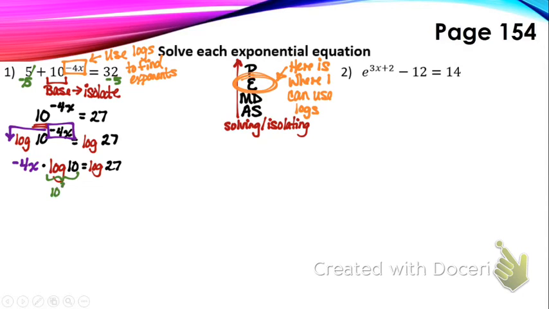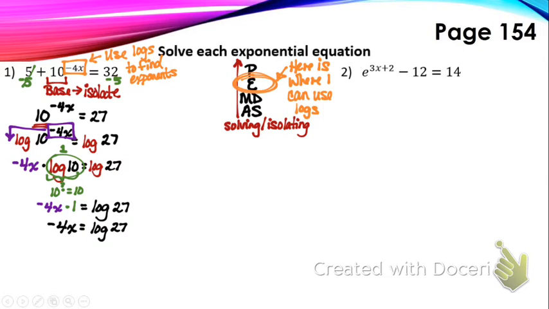So 10 to what power gives me 10? 1. This whole thing right here simplifies to the number 1. So I have negative 4x times 1, is equal to log of 27. So that's just negative 4x equals the log of 27.